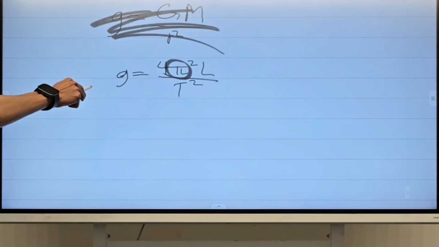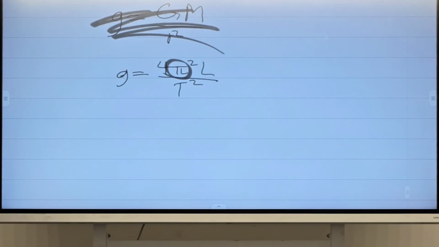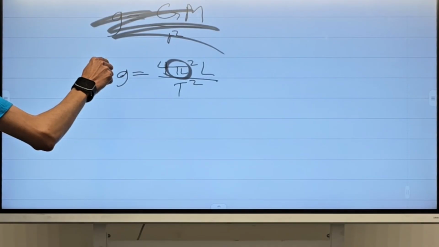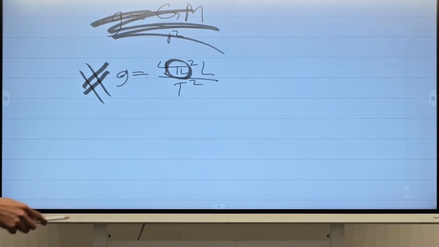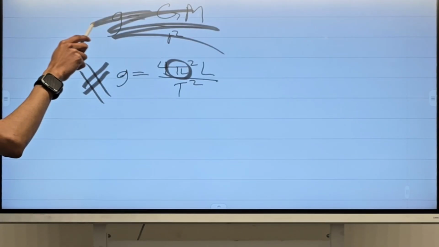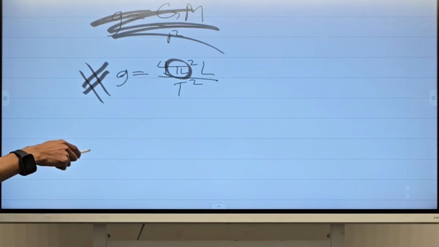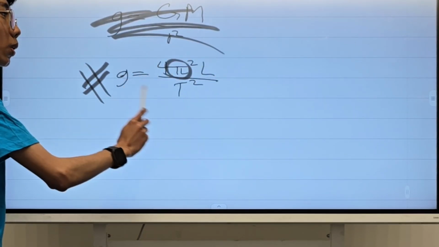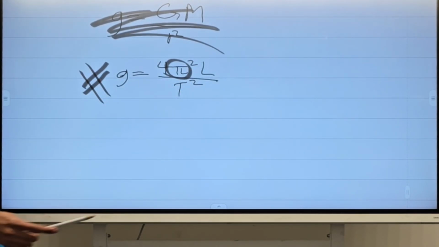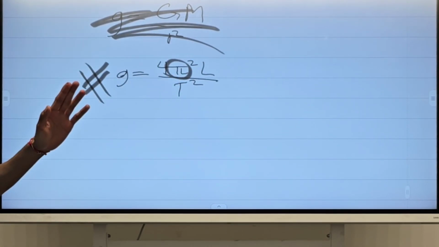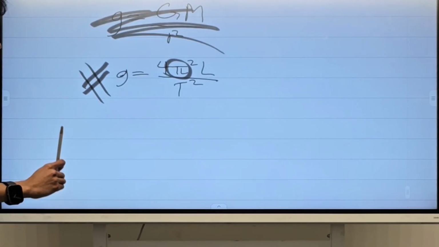But we can't use it to find g because there's already pi in it. So we will use this equation to find pi. Let's just mark this for a second. We'll use this equation to find pi using g, and that is exactly how we're going to do it. And I will get to where this equation comes from and what L and T are. This is basically a basic pendulum. We'll get to it later.